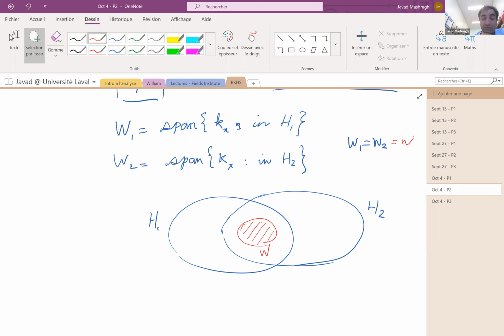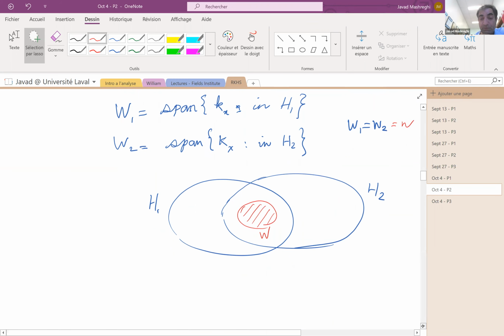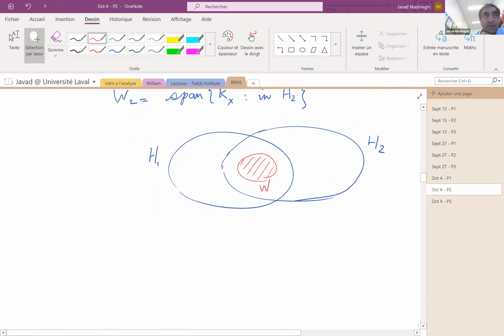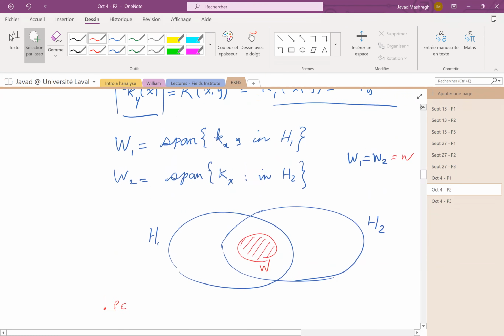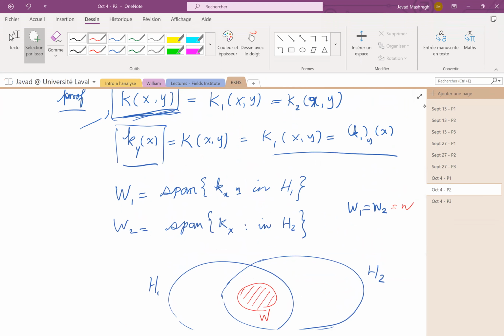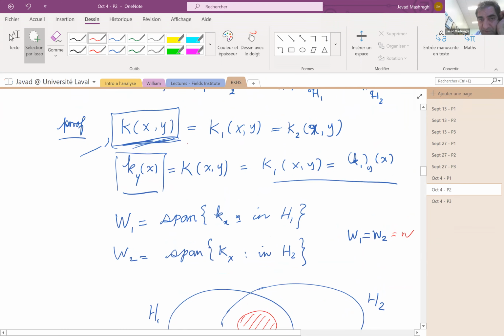What I do is to show two things. First, the W closure in H1 is H1 and in H2 it is H2. Yes, because of this identity here. I think it's the first lemma or theorem we did, right? Yeah, just because of this.